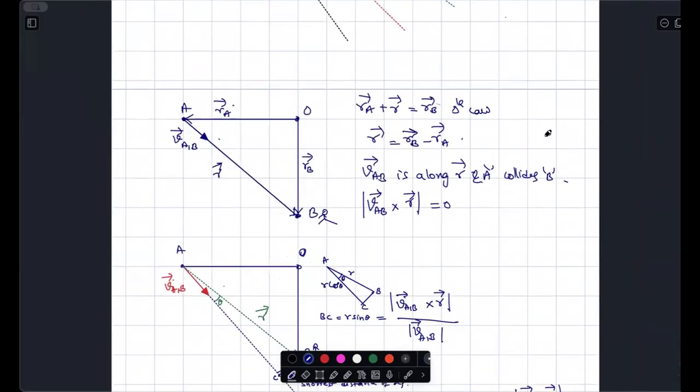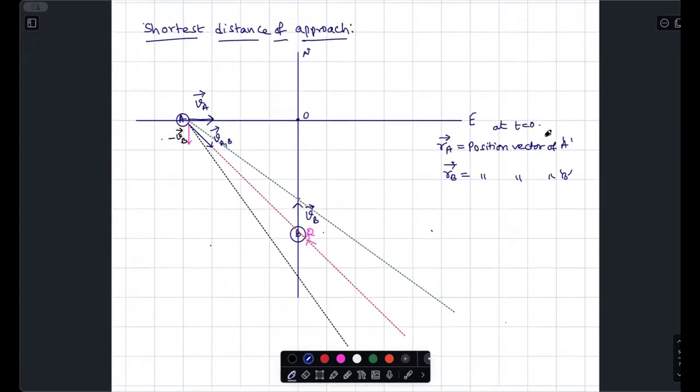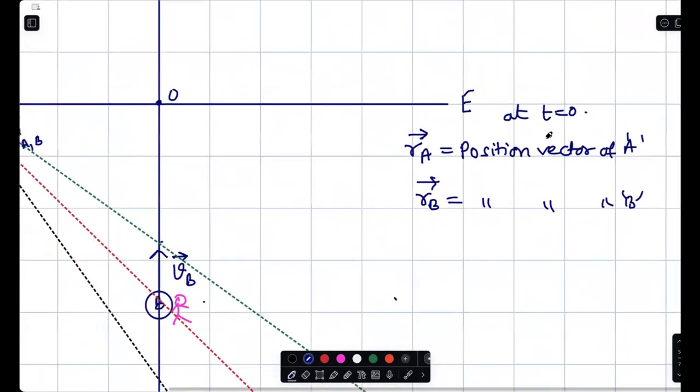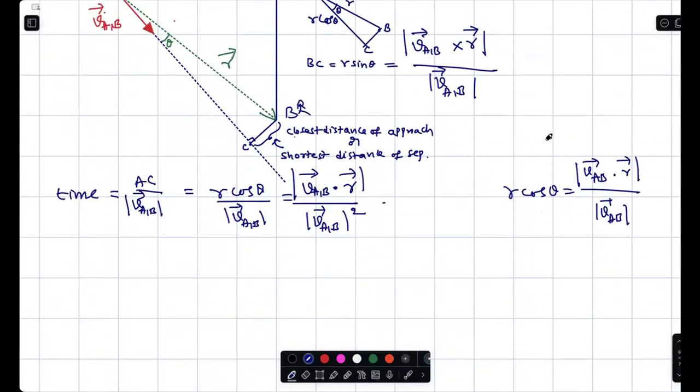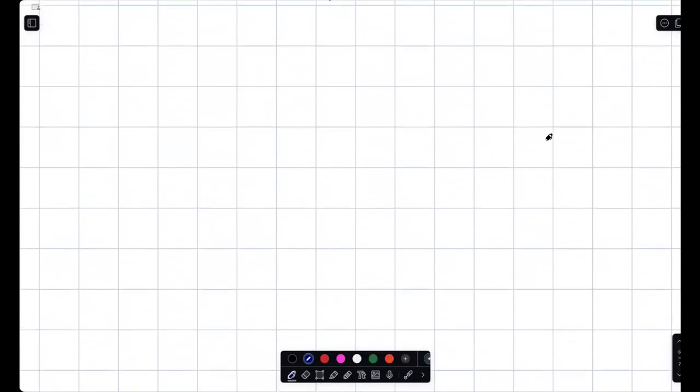This is one of the important models in relative motion. Lot of students fail in solving these questions. You can use this for any model. Like for example, I'll try to give you a model like this. Now you are seeing a situation.